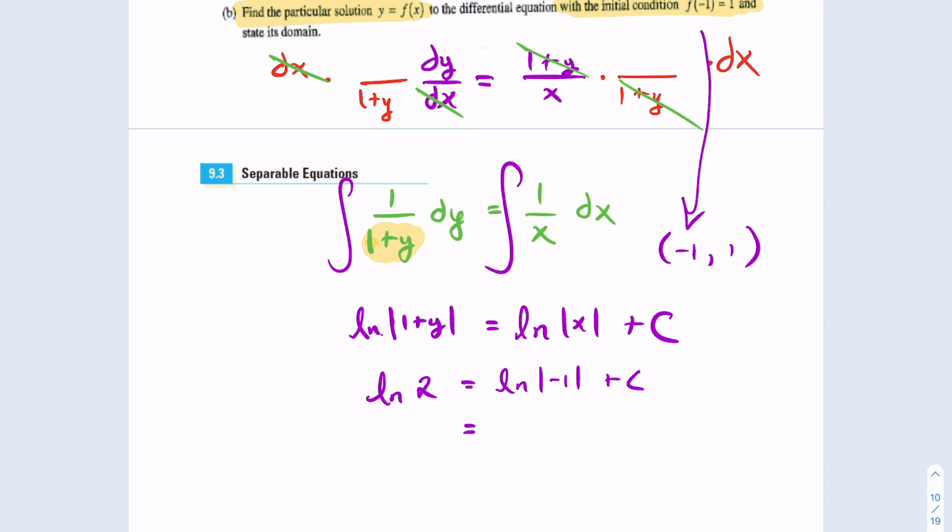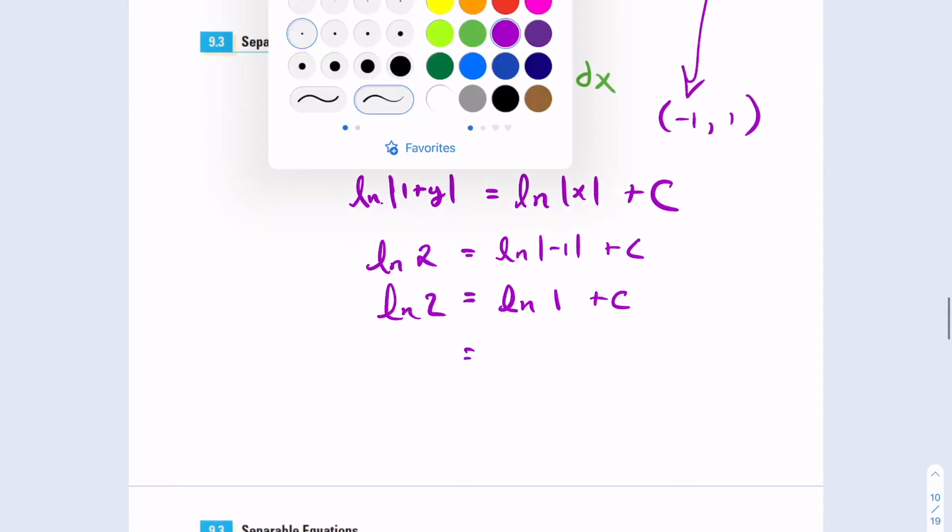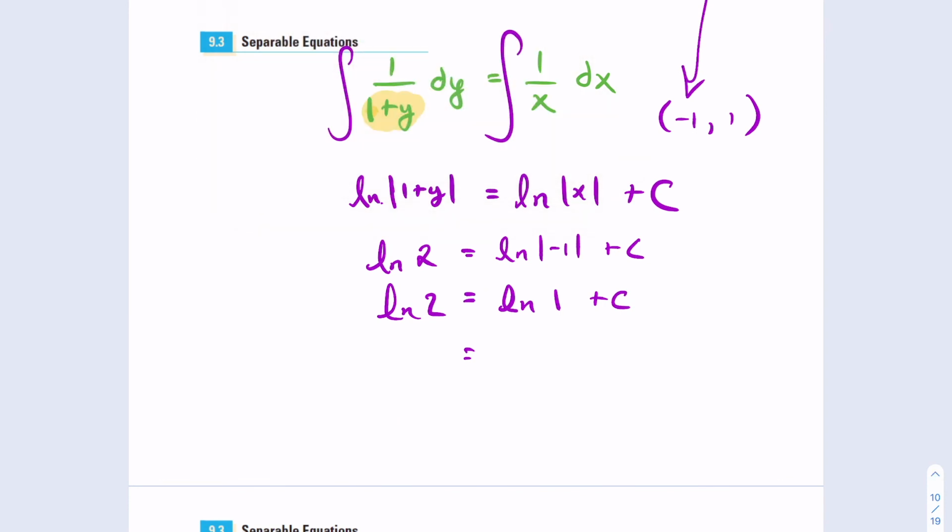The natural log of the absolute value of negative 1 is the natural log of positive 1, plus c. And there's only one value that you guys need to remember with natural logs, and that's that the natural log of 1 comes out to 0. Okay, the natural log of 1 comes out to 0. So c is equal to the natural log of 2.